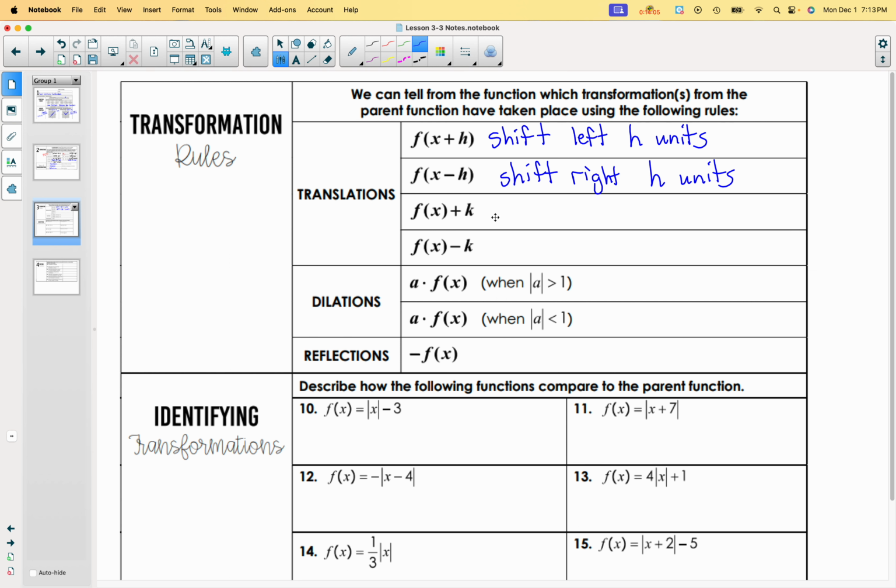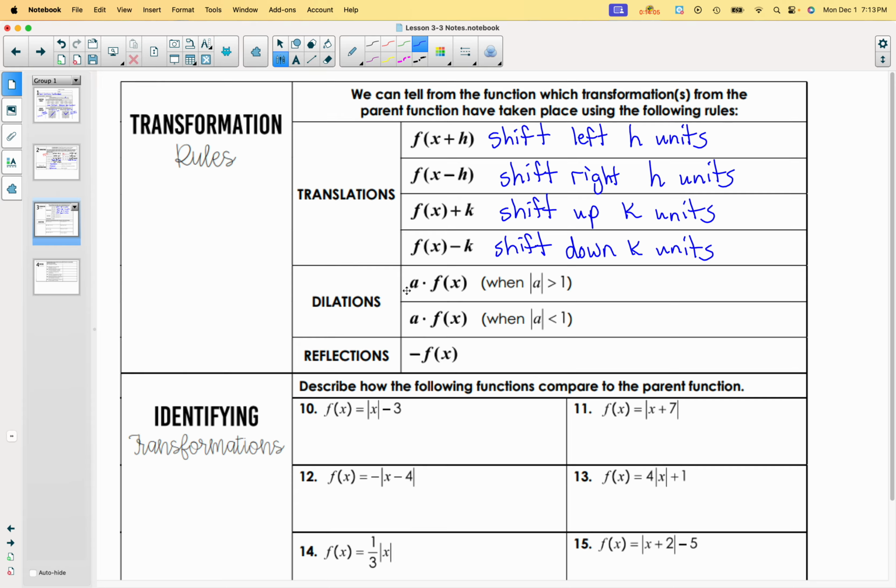If it's f of x plus k and that k is outside of your f of x, this is when it's going to shift up k units. And if it's f of x minus k, it's going to shift down k units.